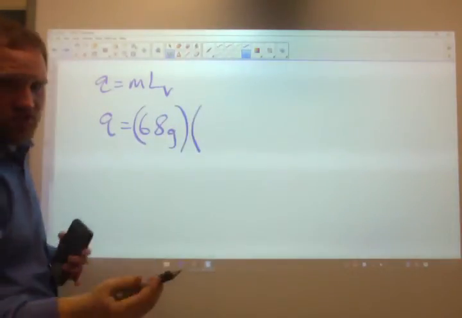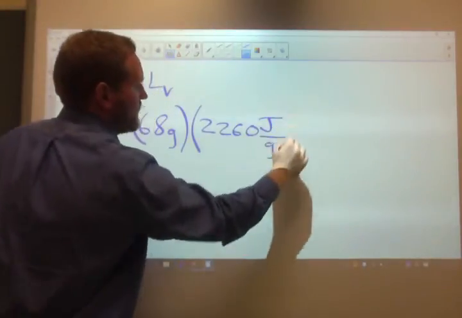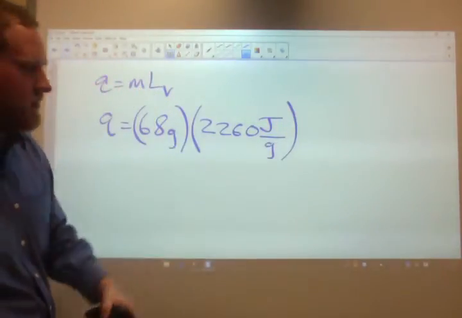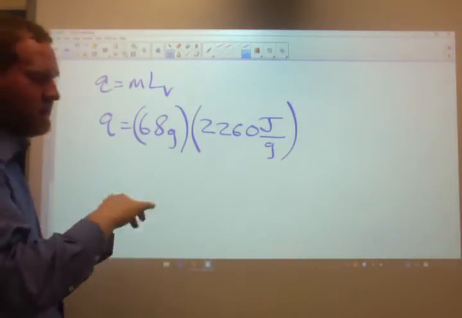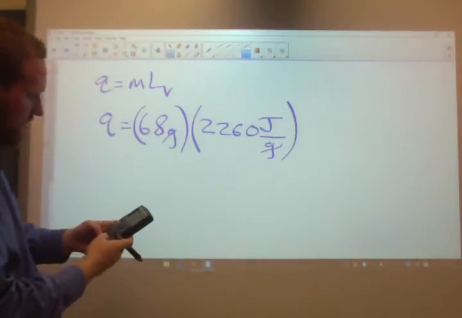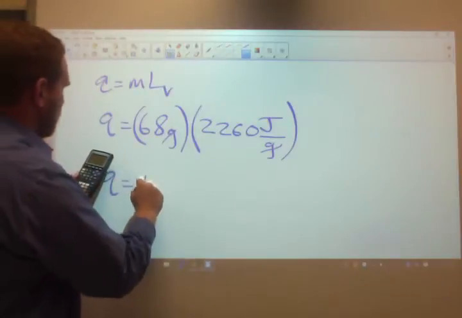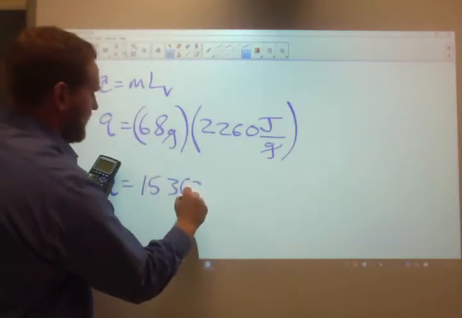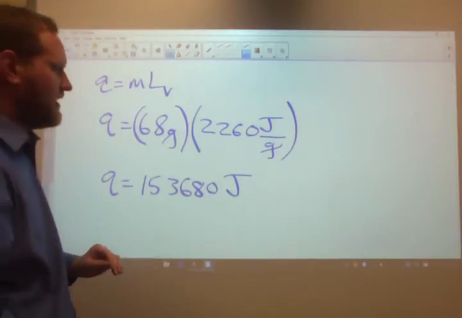Latent heat of vaporization, you look that up, 2260 joules per gram. Remember, there's no delta T in there because there's no temperature change during a phase change. Gram cancels gram, 68 times 2260. Q equals 153,680 joules. Again, don't worry about sig figs now. Take care of it at the end.